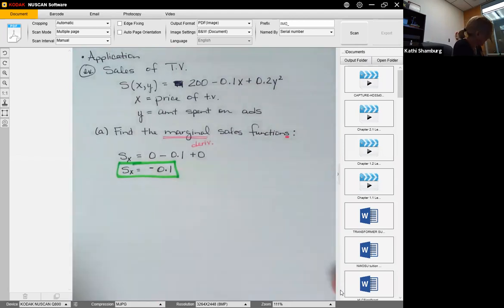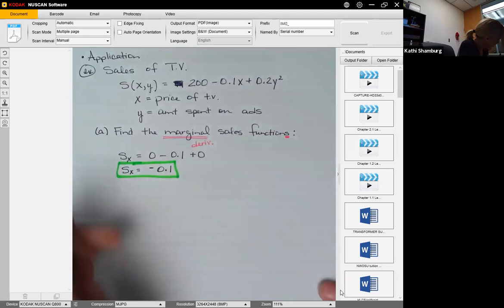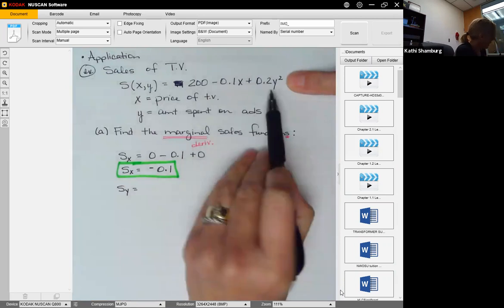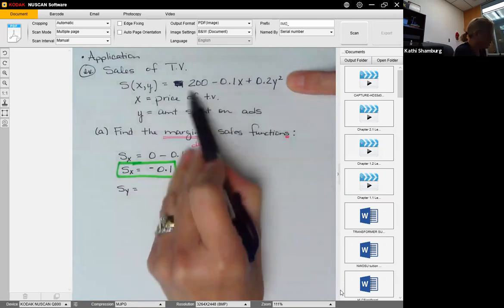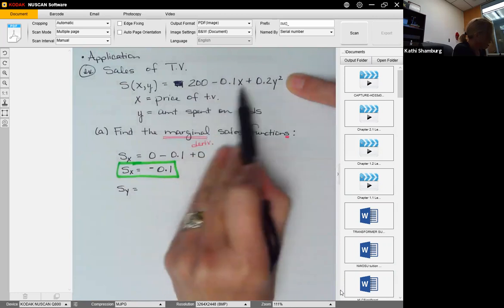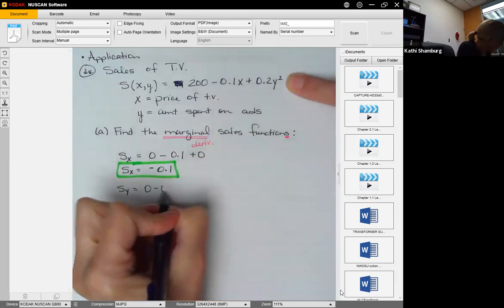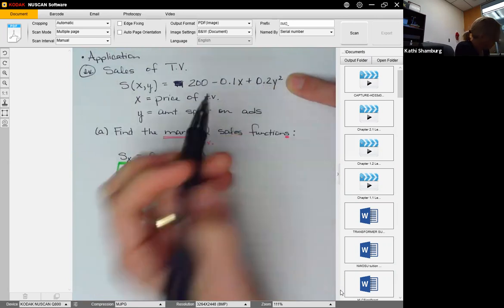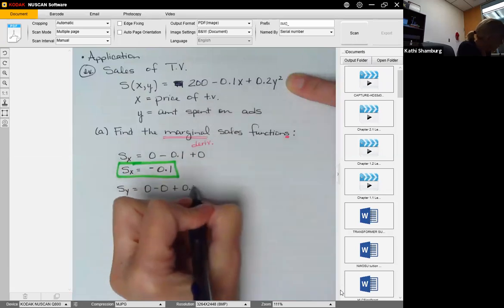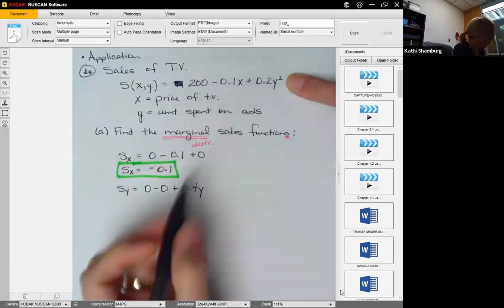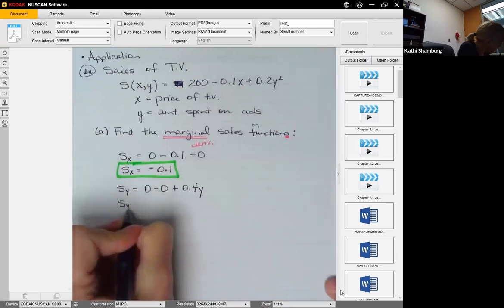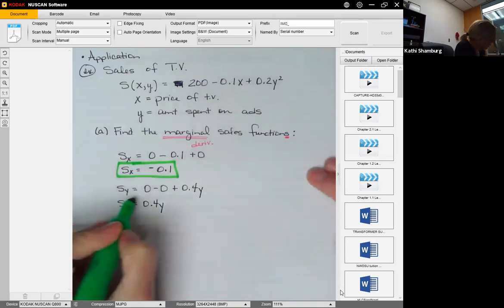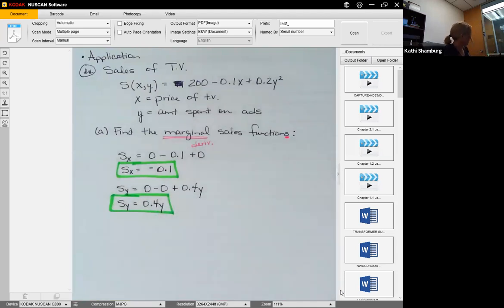Now we're going to find the marginal sales function with respect to y. So I'm going to come back up here, and my x's are my constant, so this would be a constant. This would be a constant, so we would get 0 minus 0 plus, I'm going to take 2 times 0.2, which is 0.4. y to the 2 minus 1 is 1. So we get 0.4y. So there are your marginal sales functions.